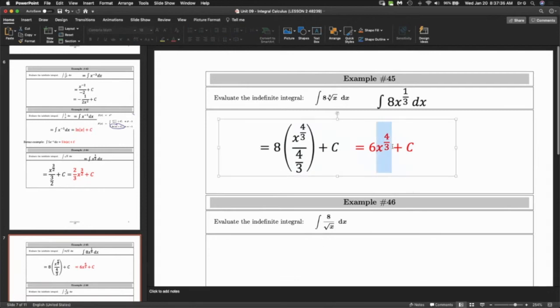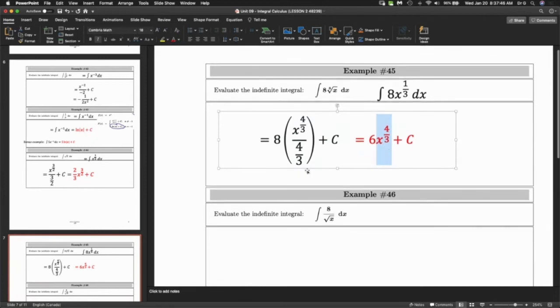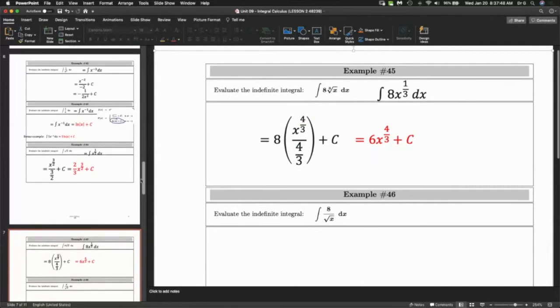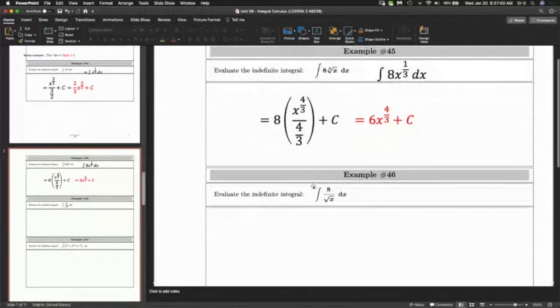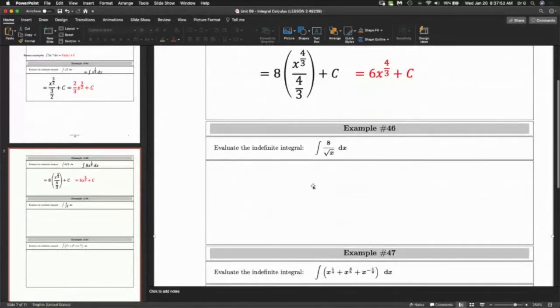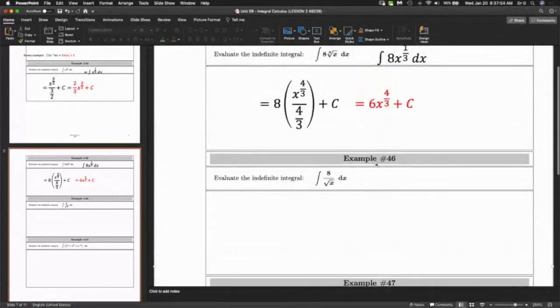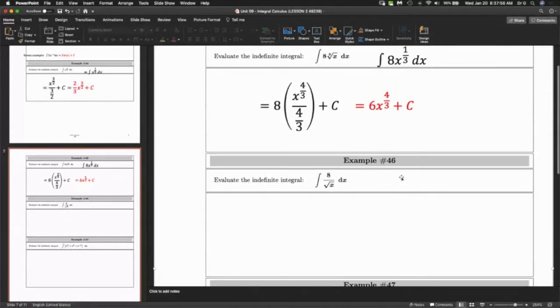Don't worry about writing this as a root. I don't care if you write it as a cube root or not. For the sake of your time on an evaluation, don't waste your time writing that as a root. Leave it as it is. Okay, let's do the next one.